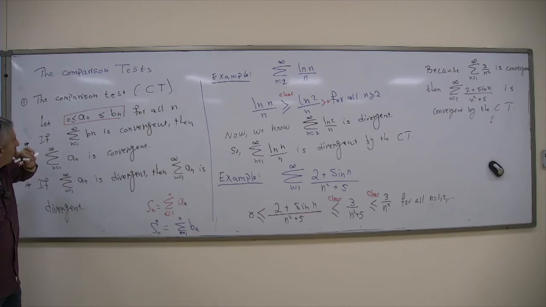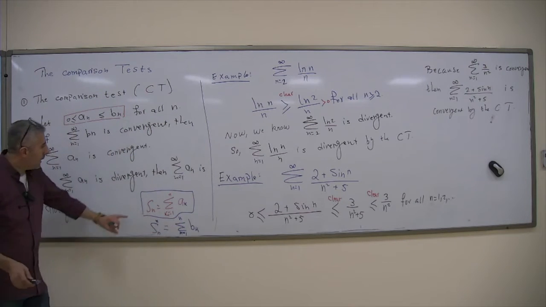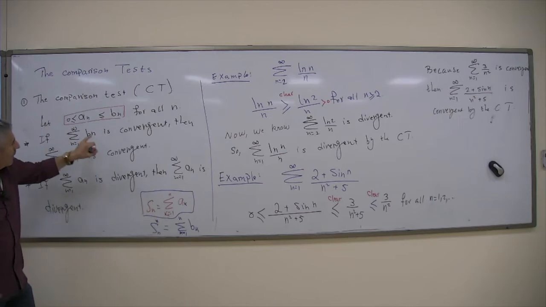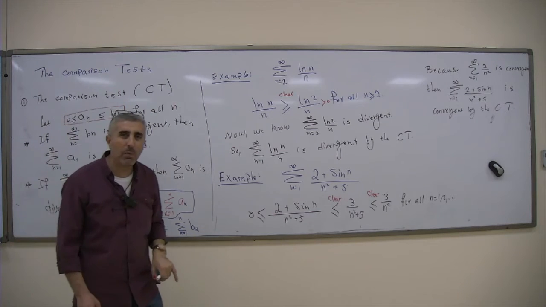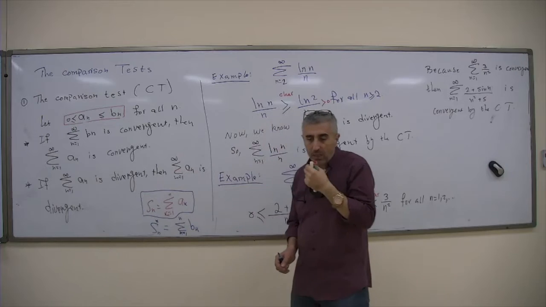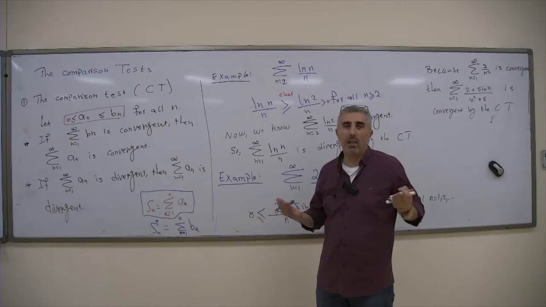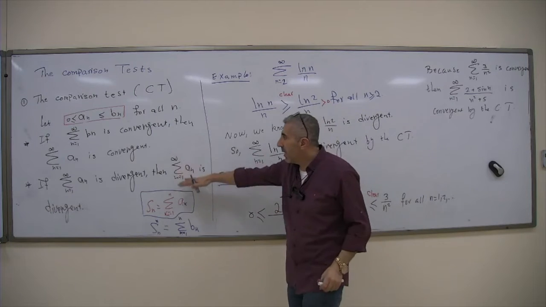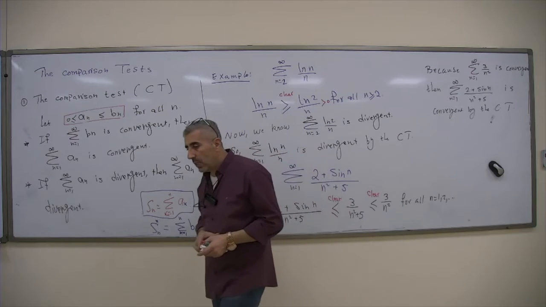Now, well, I think I need only this. I need this. Sn here is monotonic. It is increasing. And because this one is convergent, the sequence of partial sums is going to be bounded. So if you think about the sequence of partial sums, it is going to be bounded and it is increasing. So it must converge. So basically this test here is easy to verify, okay, using boundedness and monotonicity.